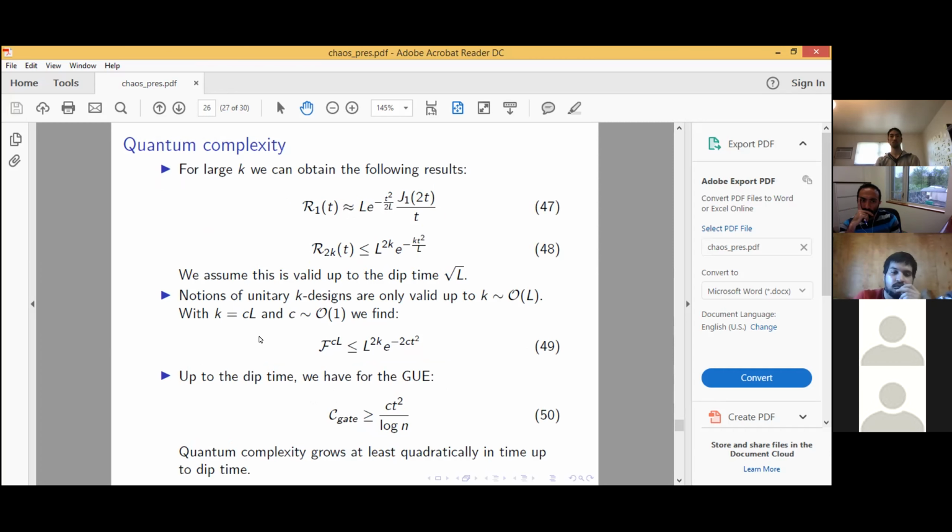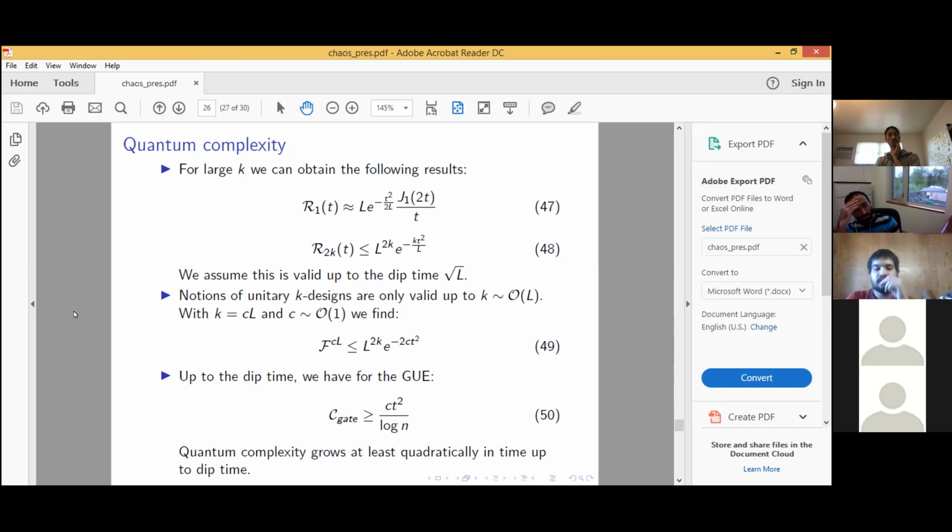So we define k equal to cl, and we find that fcl is bounded by l to the 2k and e to the minus 2ct squared. We find that the quantum complexity is greater than or equal to ct squared divided by log n. So this indicates that the complexity grows at least quadratically up to the dip time.